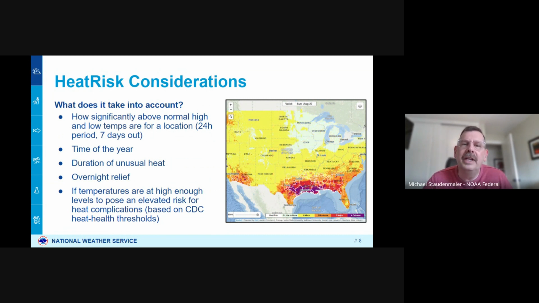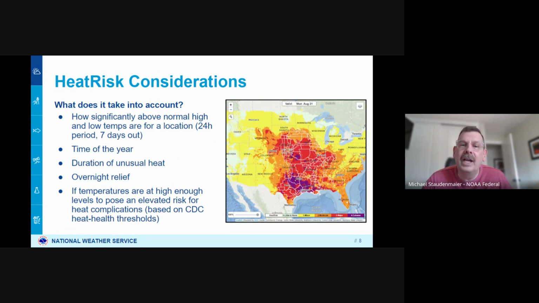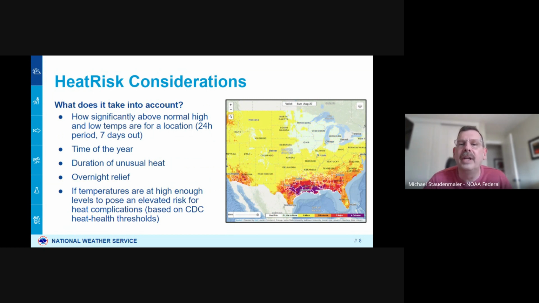Also considered is the likelihood that accumulated heat stress generated during the daytime would be mitigated or maintained overnight. And HeatRisk is the first national scale high resolution US heat forecast tool to actually incorporate real national heat health data within it. And that informs us as to what temperatures are at the levels that pose an elevated risk for heat related health complications.